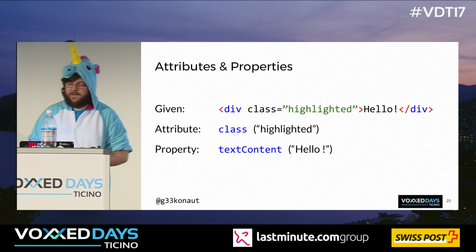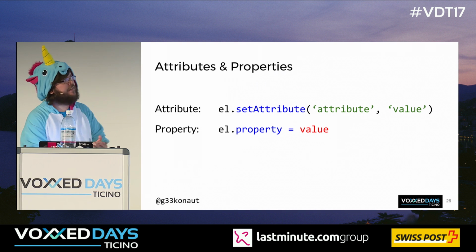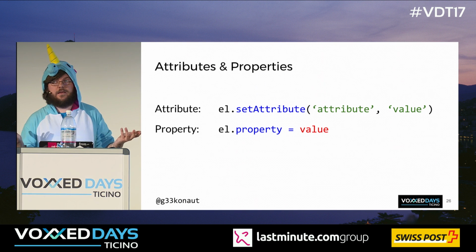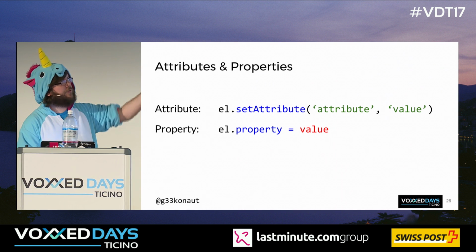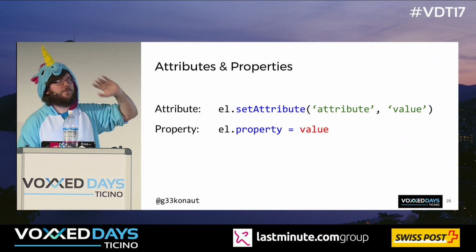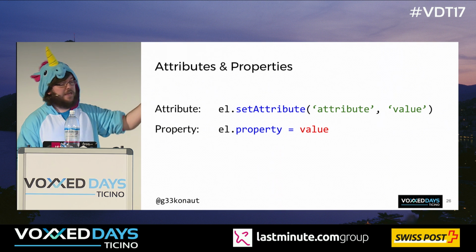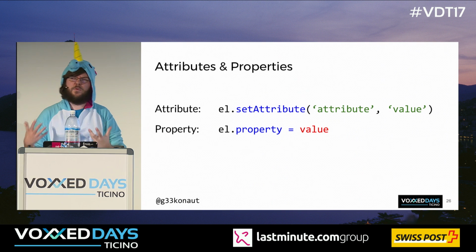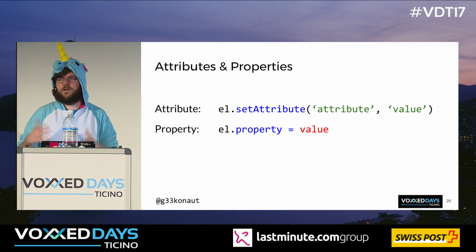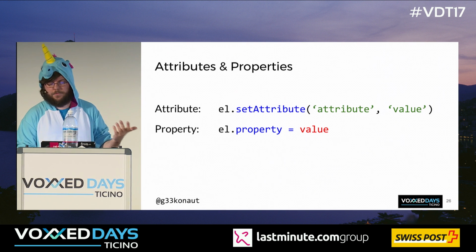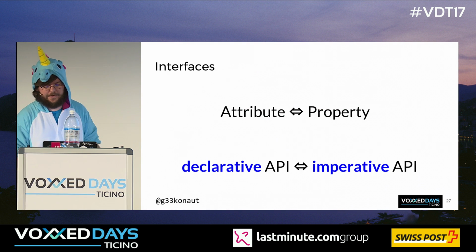Good. So basically what this is, it's two different APIs, right? One is the HTML way. I can also do it via JavaScript using setAttribute, hasAttribute, getAttribute. But I can also just use the property API in JavaScript. It feels more natural because we're not using the DOM, we're using the object as if it's any object, really. It's not a special object.